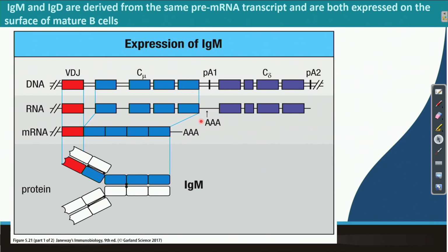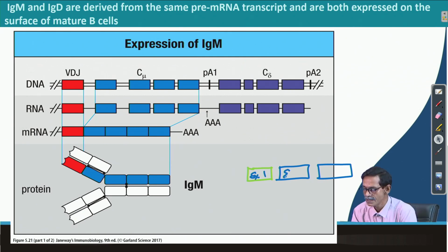If you do not know what alternate splicing is, please go and check it, but there are many genes that undergo alternate splicing and give two different proteins. Very briefly, suppose there are exon 1, exon 2, exon 3 in the precursor RNA.